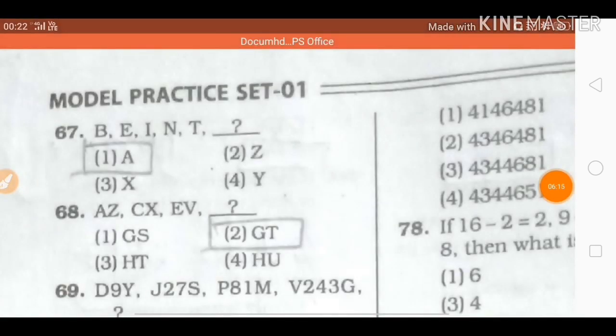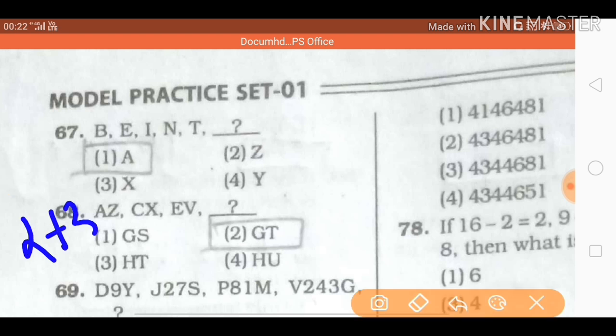Well, the next question is what? BEINT. What will be the number we have to put in? What is happening in this? B is 2 plus 3 is 5. E is 5, plus 5 is 9 as well. I is 9.